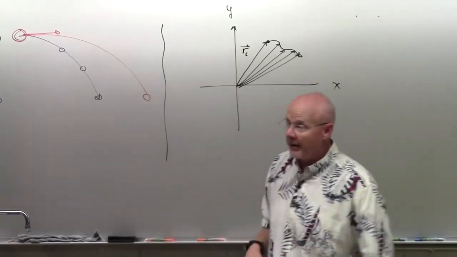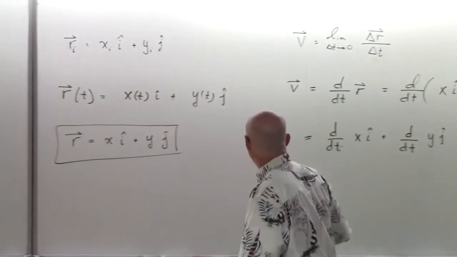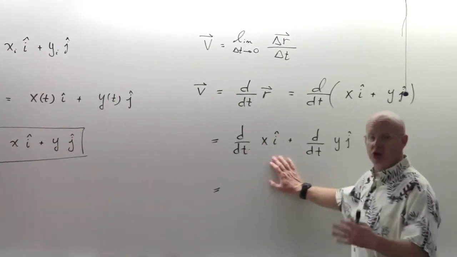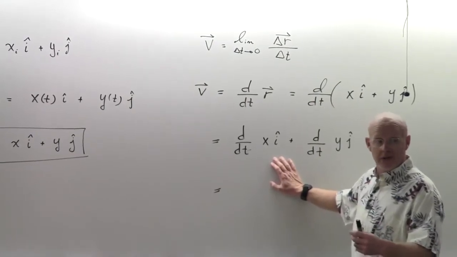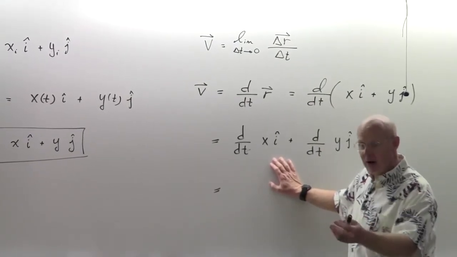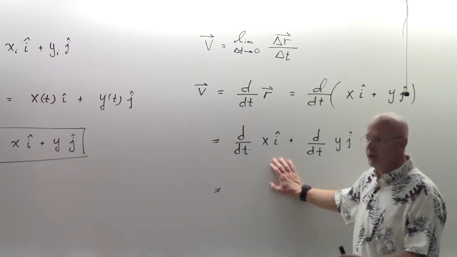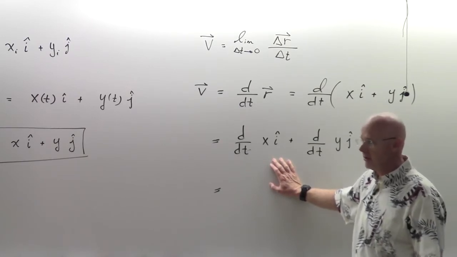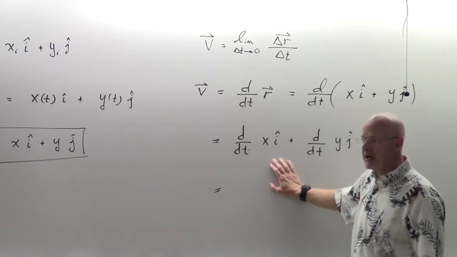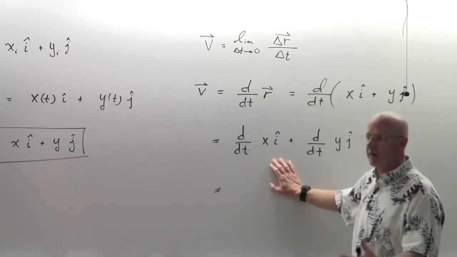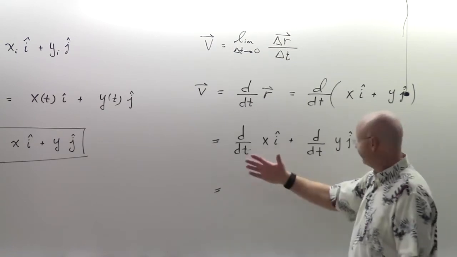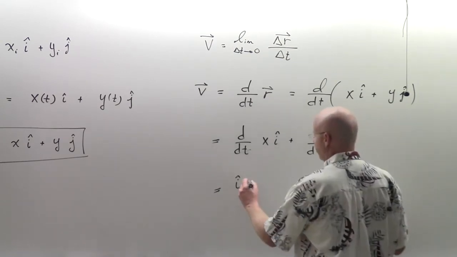I'll even do you one better. What would you say about the I-hat in terms of its functionality? It's a constant, right? What do you mean by I-hat? One unit in the x direction. Does that ever change? No. So how do you take a derivative when one of them is a constant? Let's pull it out front.